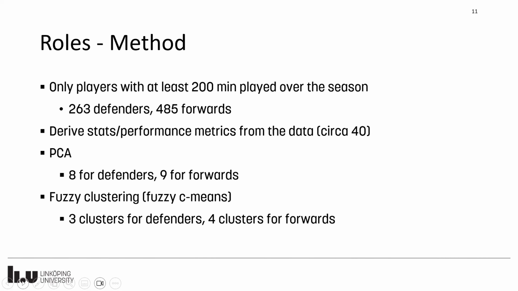On those, we performed principal component analysis, and we ended up with 8 components for defenders and 9 for forwards. And on these, we performed fuzzy clustering using fuzzy C-means, which means that players could be clustered within different clusters with certain degrees. For defenders, we ended up with 3 clusters, and for forwards, 4 clusters.